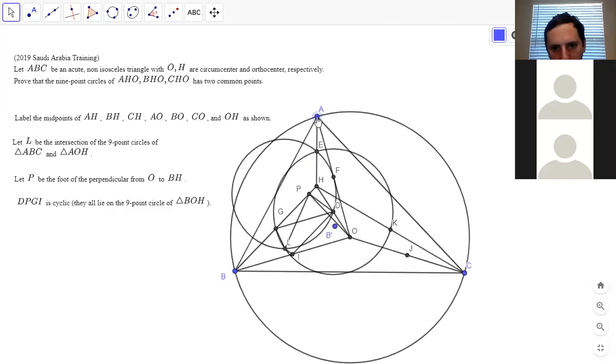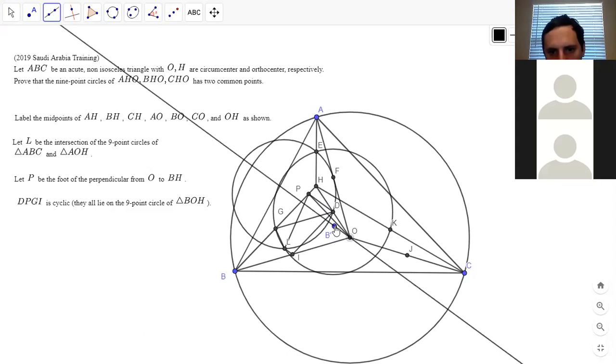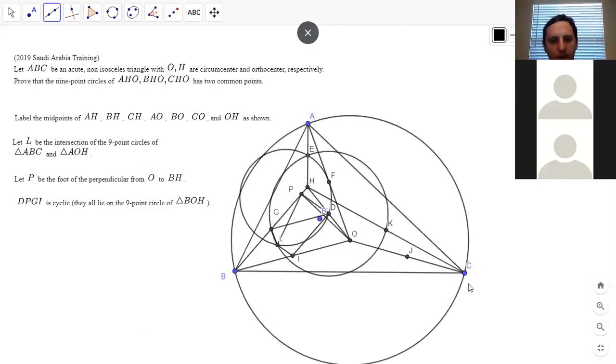That kind of made things messier. Let me check if... okay, let me move it back to the way it was before. Well, maybe we could show PDL is congruent to DOI somehow.